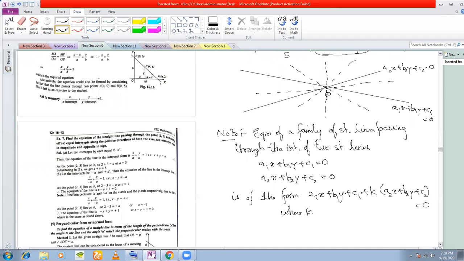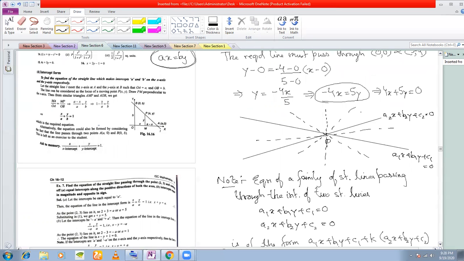Now the question here is, what is k? As I told you, there will be an infinite number of straight lines that pass through P.